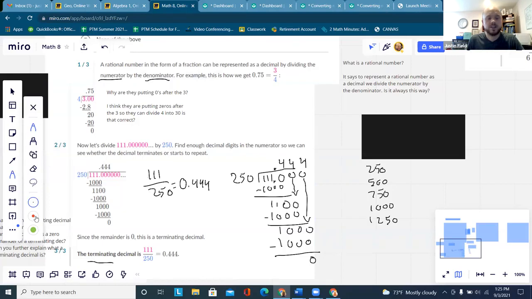And now here's another thing that we do in our class. We take the work and we process it, which means I'm going to now go back and I'm going to write that this is the denominator. And I'm going to write that this was the numerator. So I'm annotating my notes, all right?